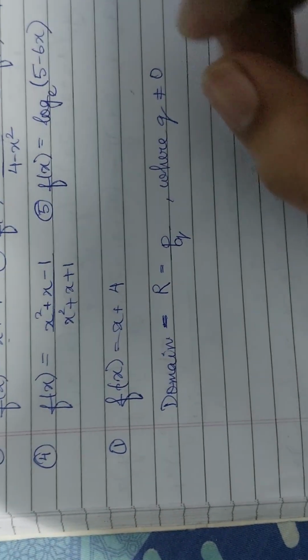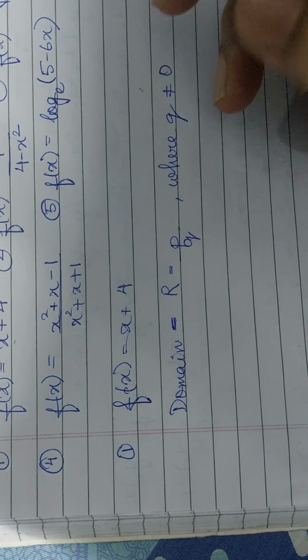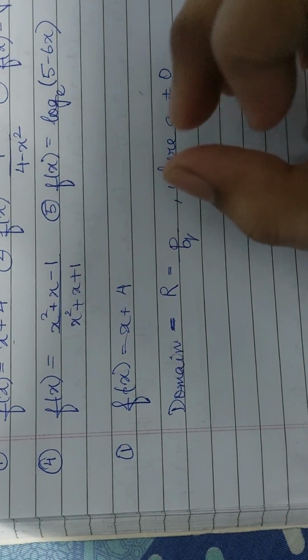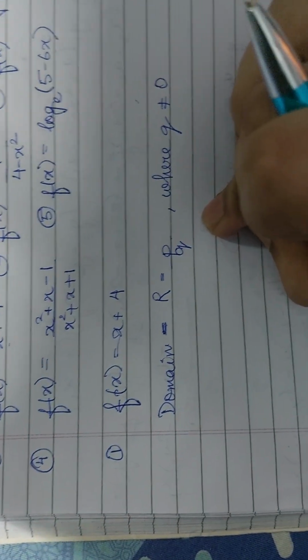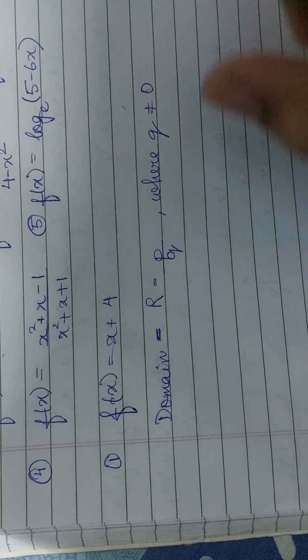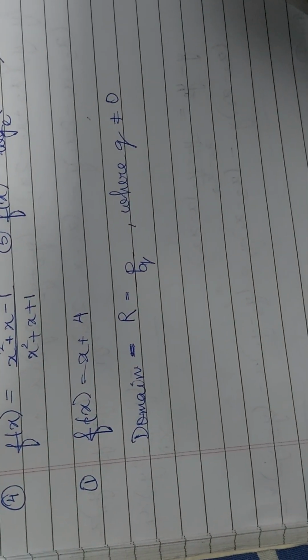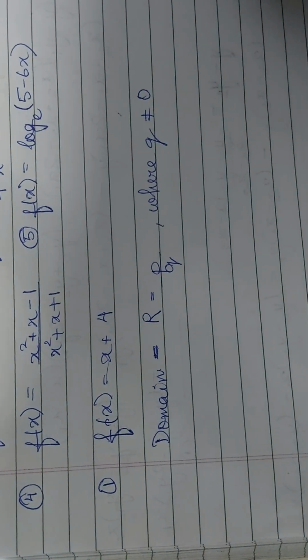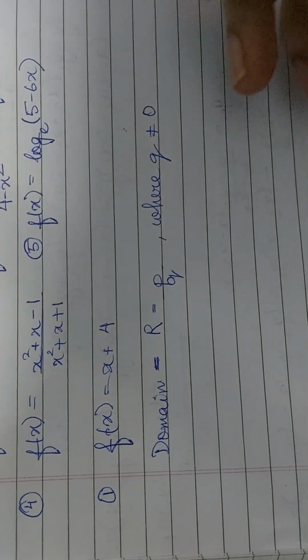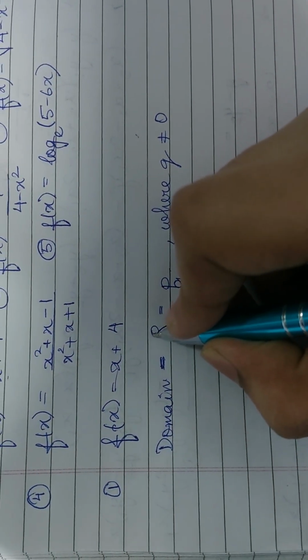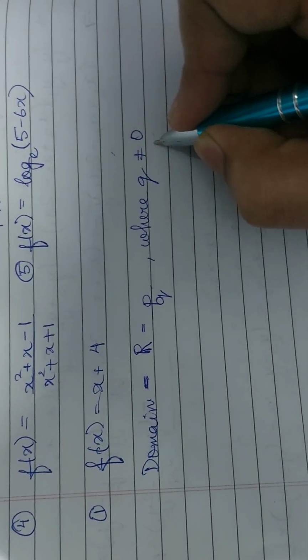That is the concept of real numbers, where the number can be expressed in p by q form. So even 4 is a real number because 4 is 4 by 1, where q is not equal to 0. So a real number is that kind of number where the denominator is never 0.